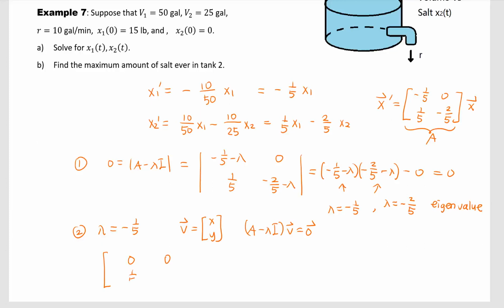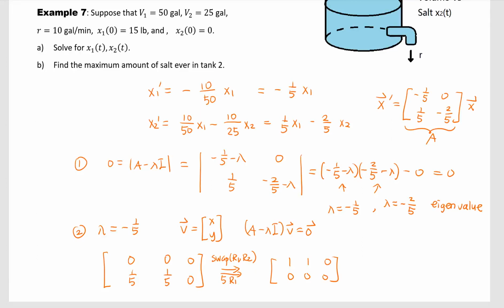Then 1/5 minus 2/5 minus negative 1/5, that's 1/5. I can swap row 1 and row 2, and I don't like fractions, so I multiply by 5 after the result. So I do 2 steps here, then I get 1, 1, 0, 0, 0, 0. So far so good, everybody?